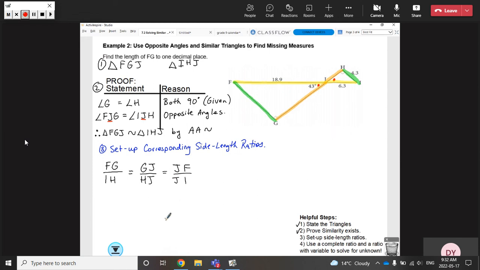Now I didn't write it, but notice that triangle FGJ side lengths were on the top here, and triangle IHJ side lengths were at the bottom. It has to remain consistent. That's where I would stop at this point and really make sure.